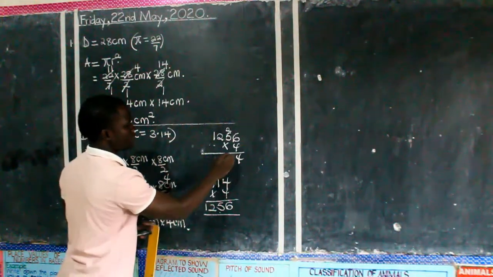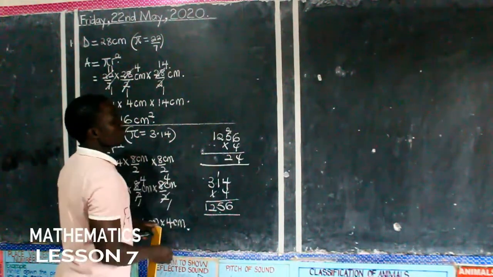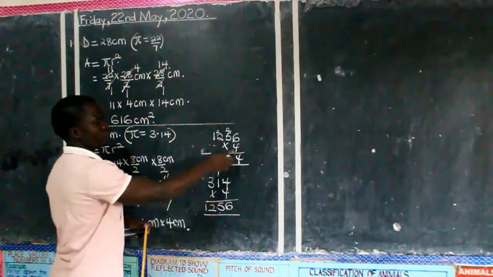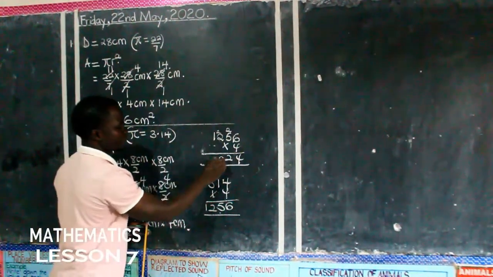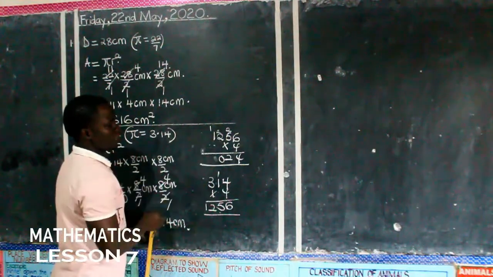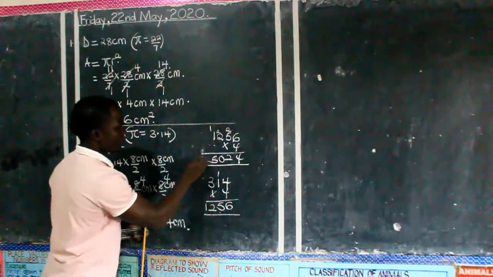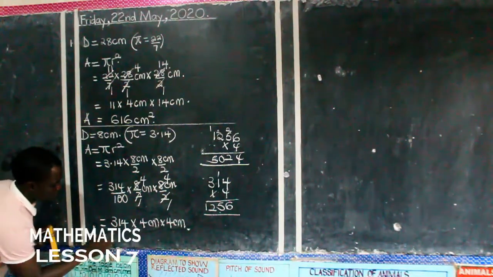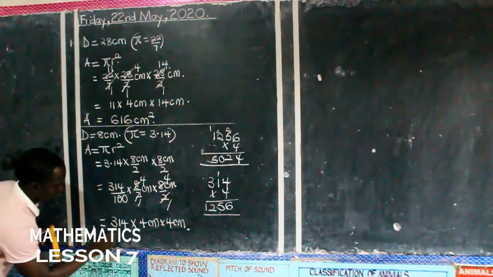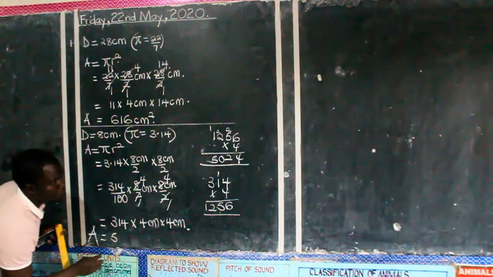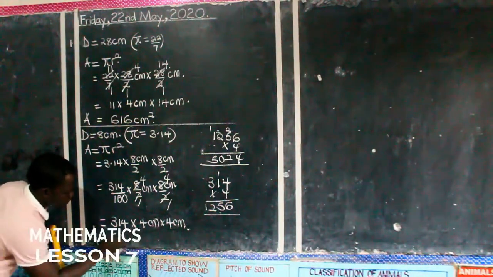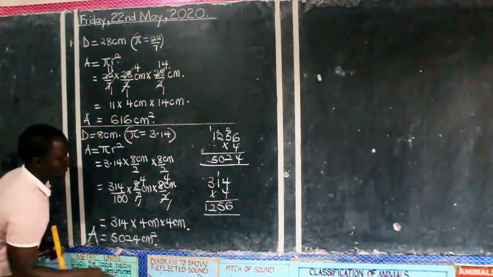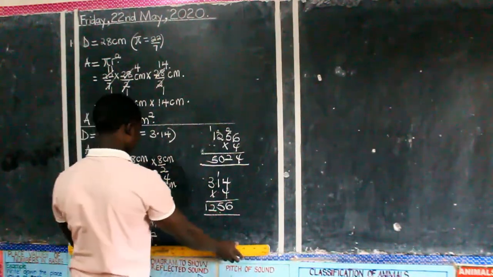We shall have 22. Put here 2. 2 times 4 times 2, 8 plus 2, 10. Right? 0, carry 1. 4 times 1 is 4 plus 1. This is 5. So our area for this question is 5,024 square centimeters.